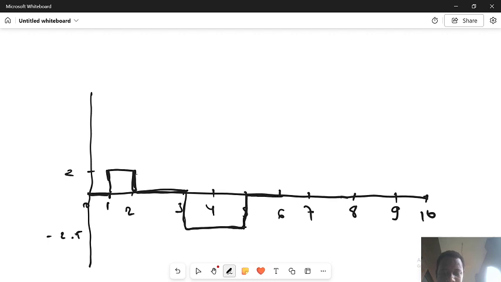Now from 6 to 9 it is going to be 1.3, and from 9 to 10 it is going to be 0. So this is the sketch of our currents.